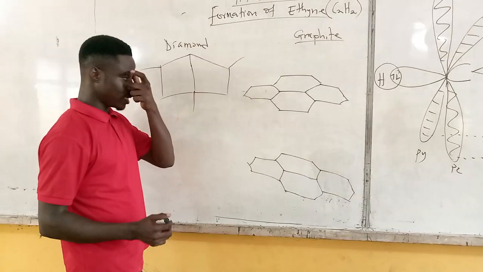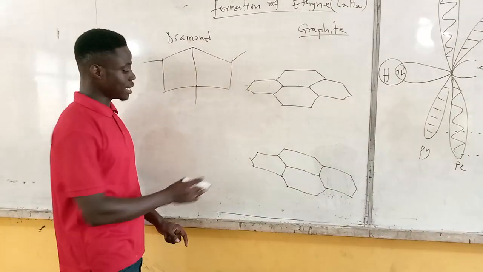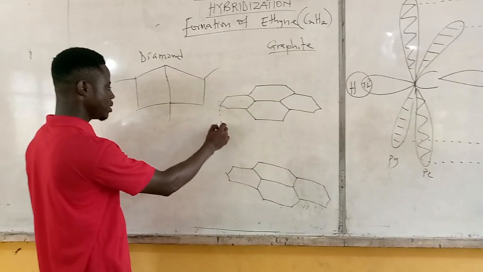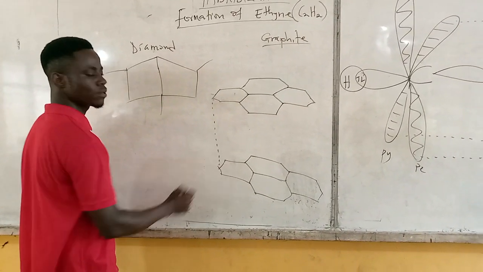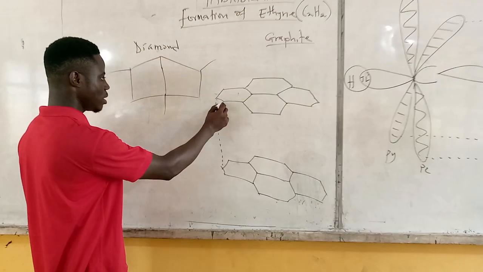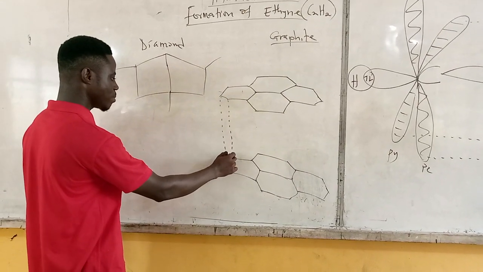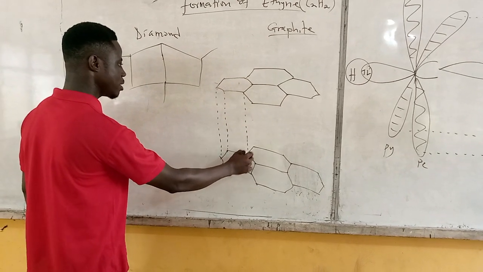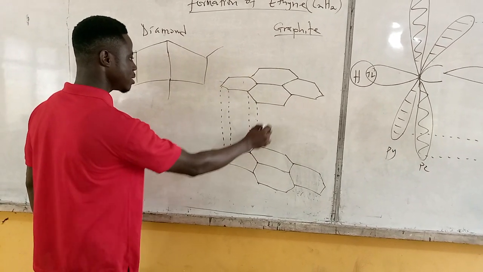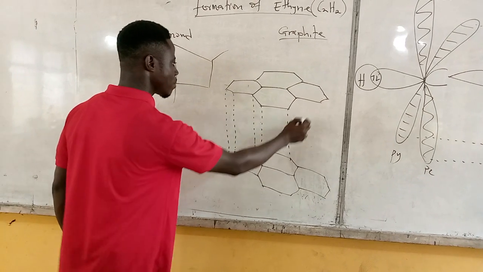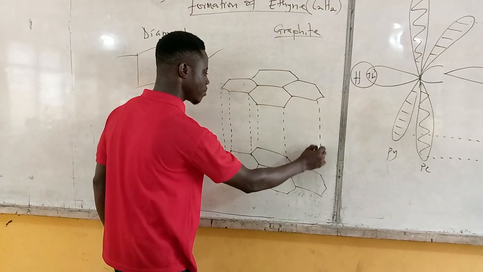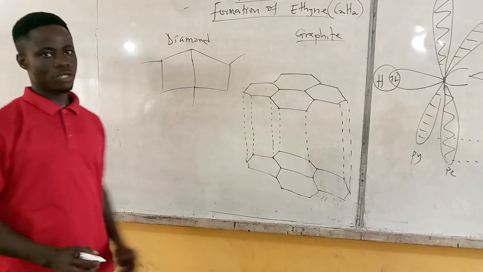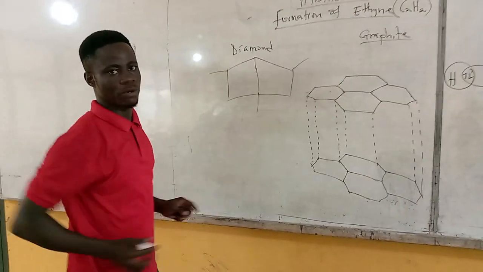Now these two structures link up with each other with hidden lines. Look at this. This end will link up with this end like this. Okay, this will link up with this like this. So the molecules in there are linking up like this.